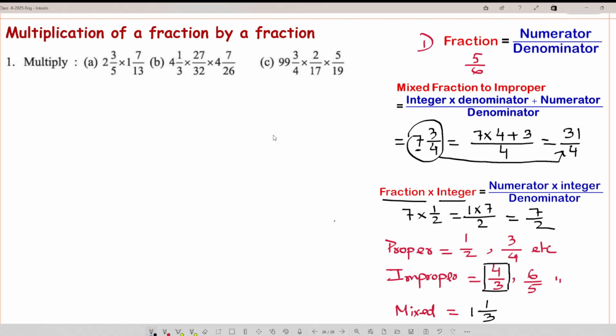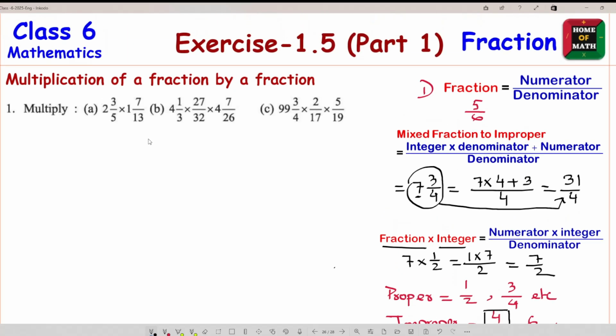Now we will start the chapter math, exercise 1.5, where we are doing multiplication of a fraction by a fraction. So 1a, here is 2 3 by 5 times 1 7 by 13. So what will we do first?